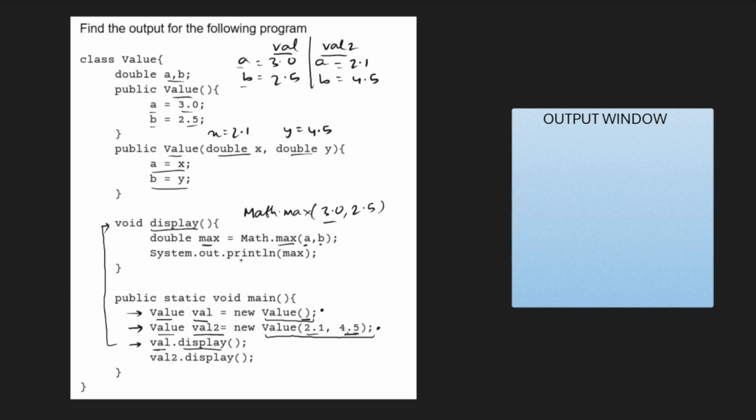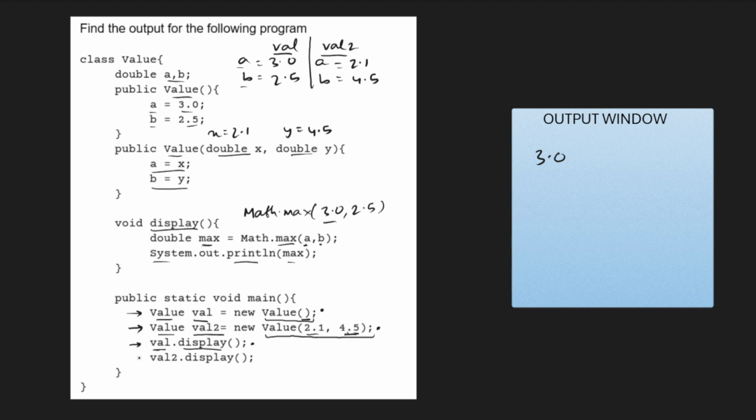Then the println statement is just printing the value in the variable max. Since we've stored 3.0, this is just going to print 3.0. On your output window, you're going to see 3.0 as the output. With this, we complete executing this method display. So we're going to go back to where the method was called. We're going to go back to this third statement of our main method.